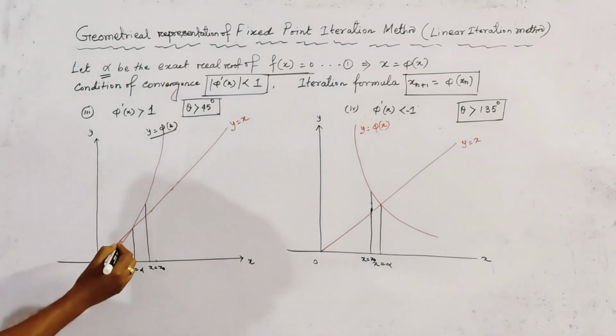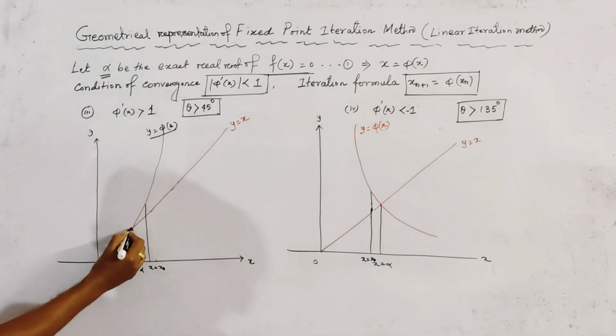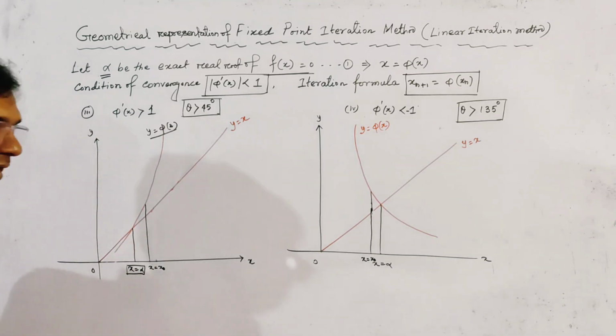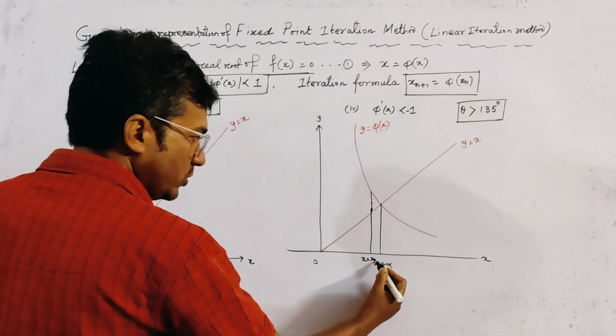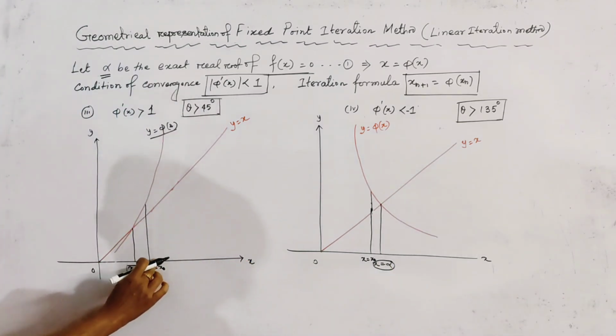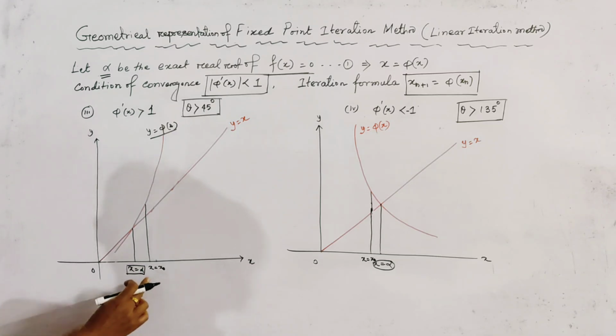Okay. Now here the intersecting point gives the exact value x equal to alpha, and here also it gives the exact value x equal to alpha. Here we take the initial approximation at x equal to x0. This is close to alpha.